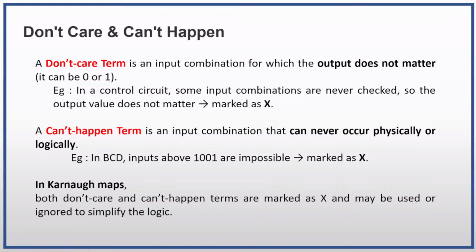So you can see we can use the X term to simplify the logic. If it makes the expression more complex, we can ignore it. But if we use these X terms, then we have to include them in grouping. So I think you got this.